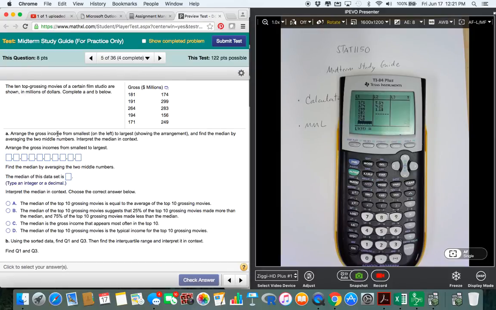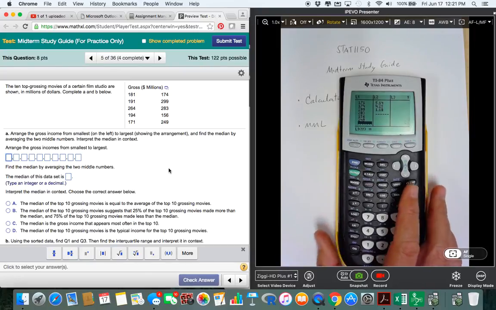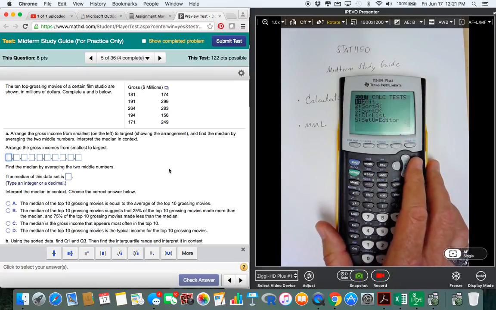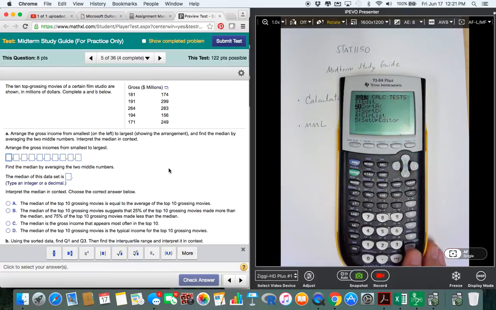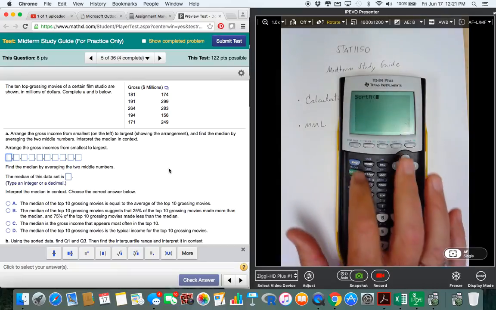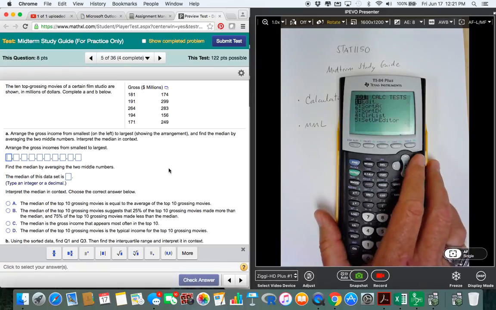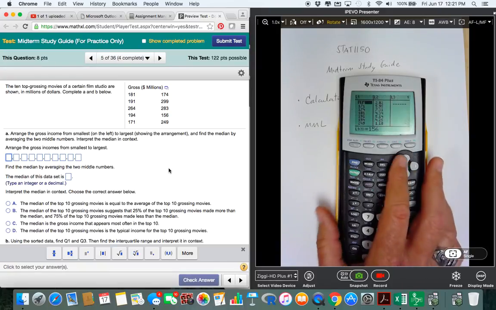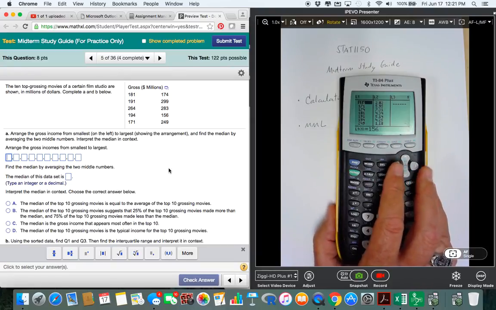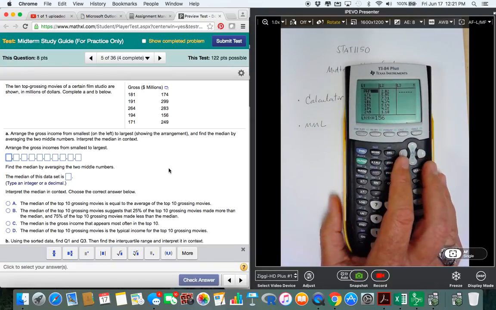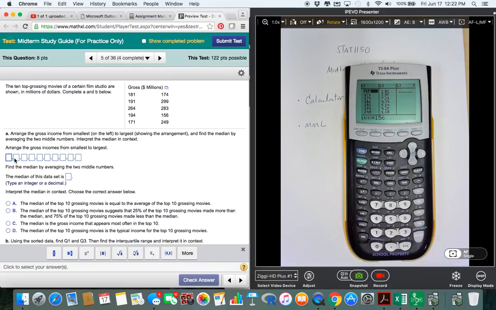So arrange the gross income from smallest to largest. Well, this is kind of annoying, so let me show you how you can do this on your calculator to kind of help you out. If you go stat and go sort ascending and sort L1 ascending, it will put the data from low to high. So if you run into something on your exam like this, that is a way you can do that.